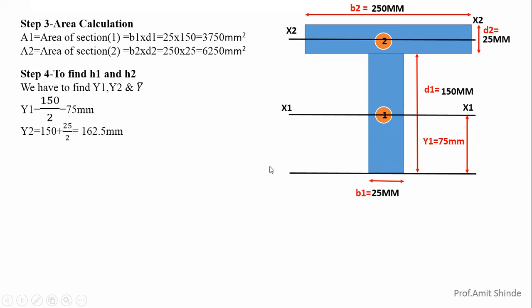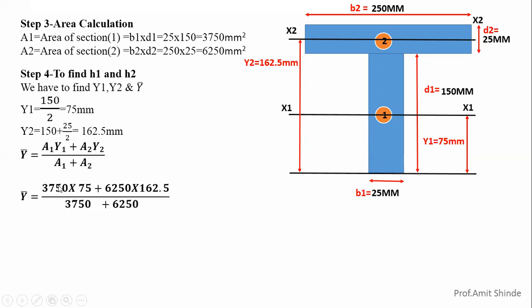Now y2 is the distance from the bottom, that is 50 plus 25 by 2, which becomes 162.5. Now y bar that we have to locate, and the standard formula to locate the CG of that geometry is a1 y1 plus a2 y2 divided by a1 plus a2.